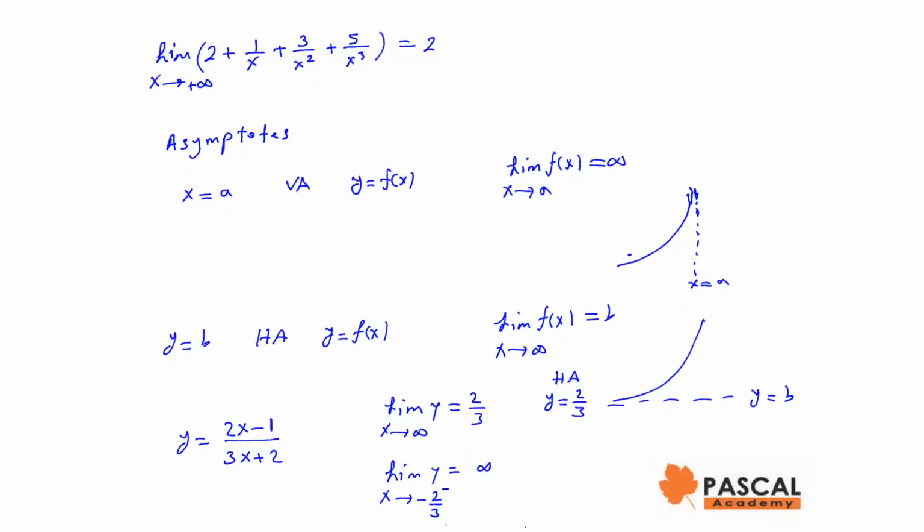When x is a little bit less than negative 2 over 3, the denominator is negative, the numerator is also negative, then this limit is positive infinity. Similarly, limit of y as x approaches negative 2 over 3 from positive side is negative infinity. Therefore, x equals negative 2 over 3 is the vertical asymptote of the graph of this function.